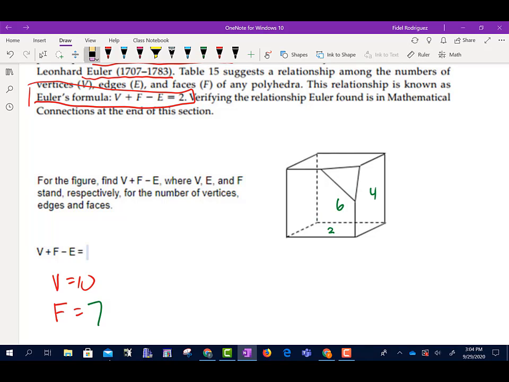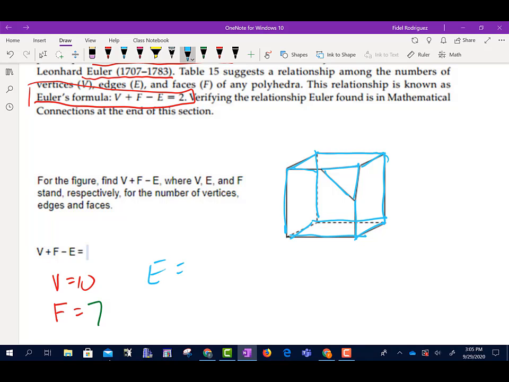And then let's do the edges, okay? So the edges, so I'm going to go 1, 2, 3, 3, 4, 5, 6, 7, 8, 9, 10, 11, 12, 13, 14, and right here, 15.